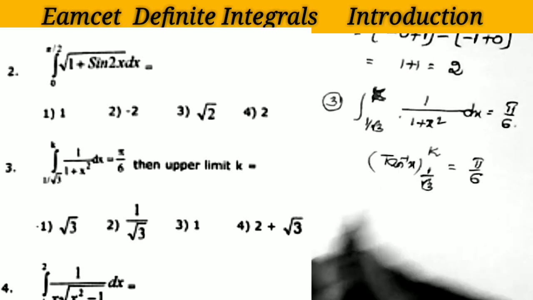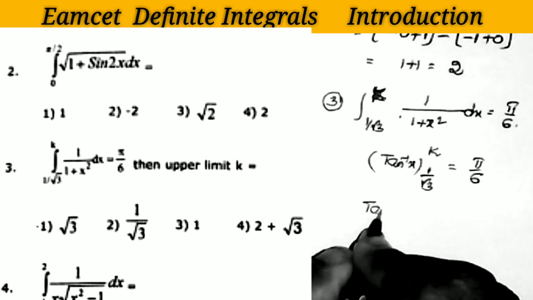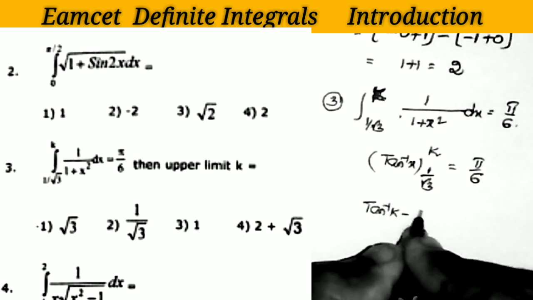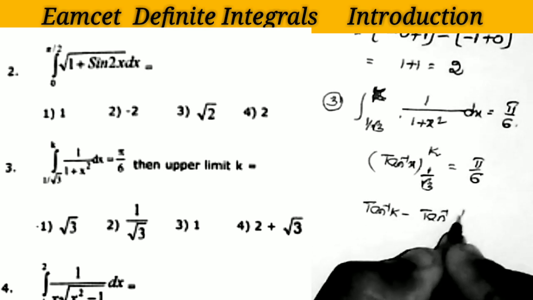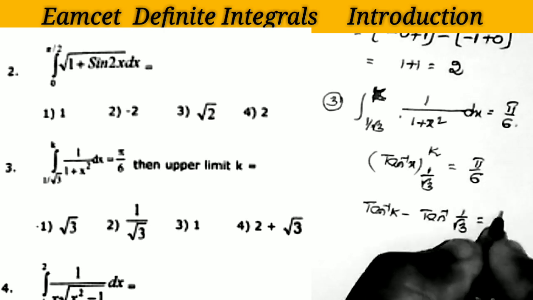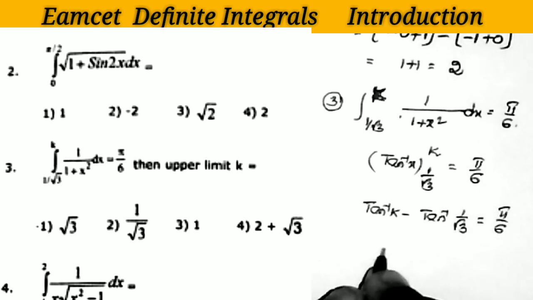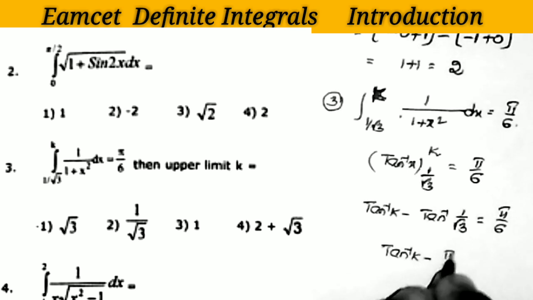Now replacing the limit values in the answer, that is tan inverse of k minus tan inverse of 1 by root 3 is equal to pi by 6. What is tan inverse of 1 by root 3? Pi by 6.